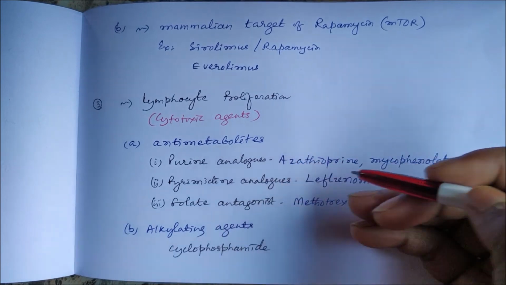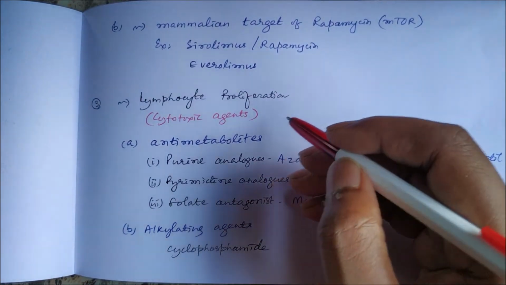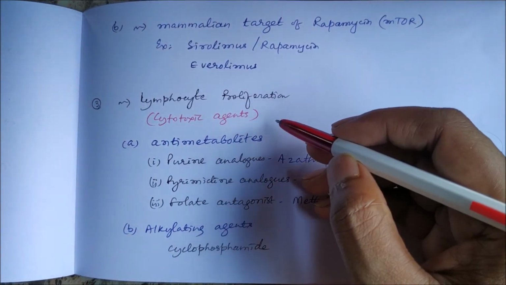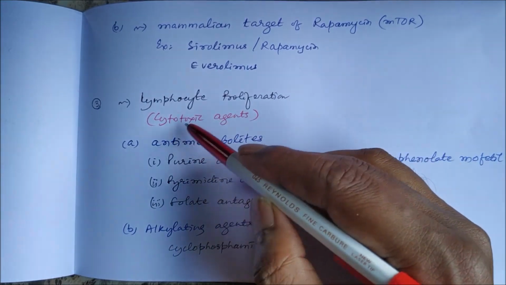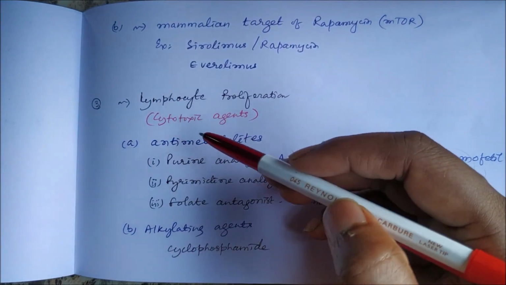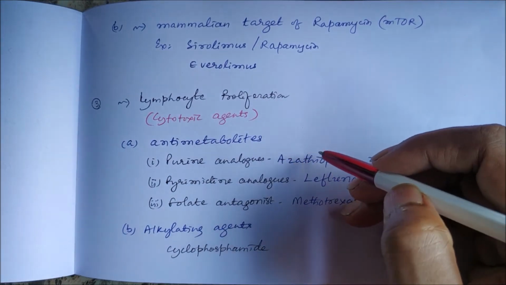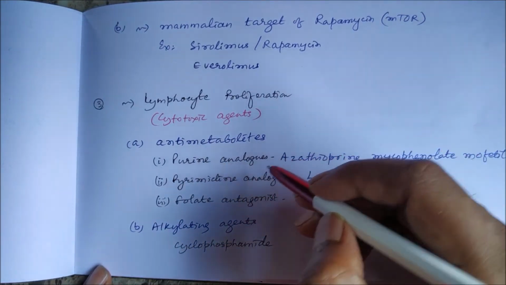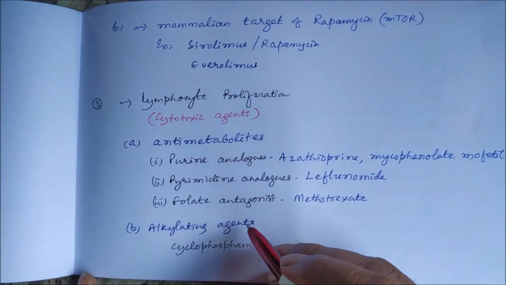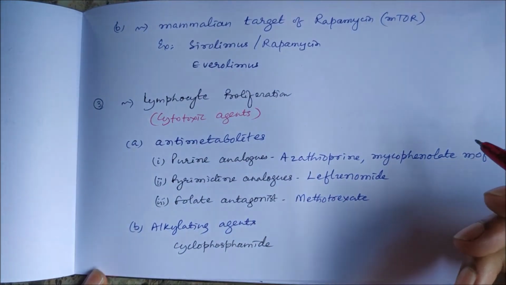Then we can have certain anti-cancer drugs which are cytotoxic agents. Because of their cytotoxic action, they inhibit lymphocyte proliferation, and they include anti-metabolites like purine analogs, pyrimidine analogs, and folate antagonists or folate analogs.